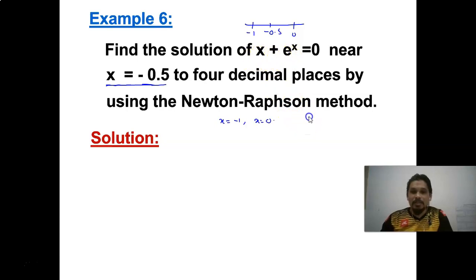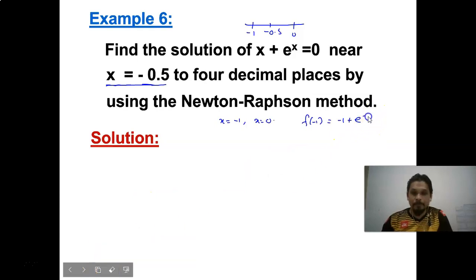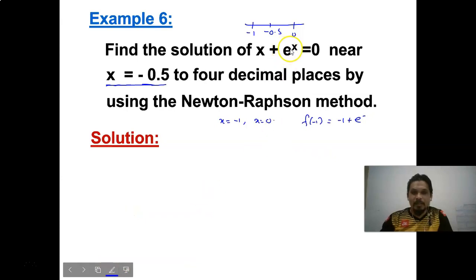So f of negative 1 equal to negative 1 plus e to the power of negative 1, where x is negative 1. What are we going to get here?